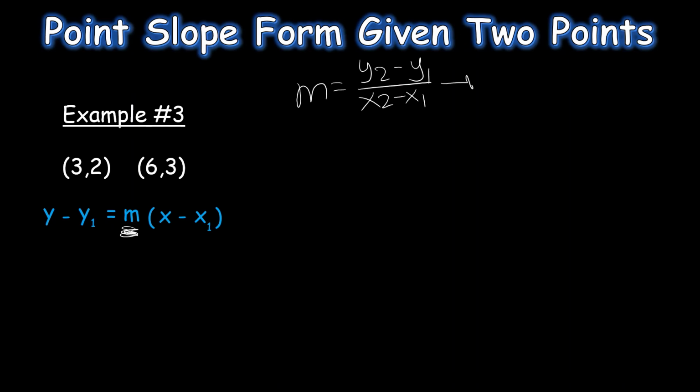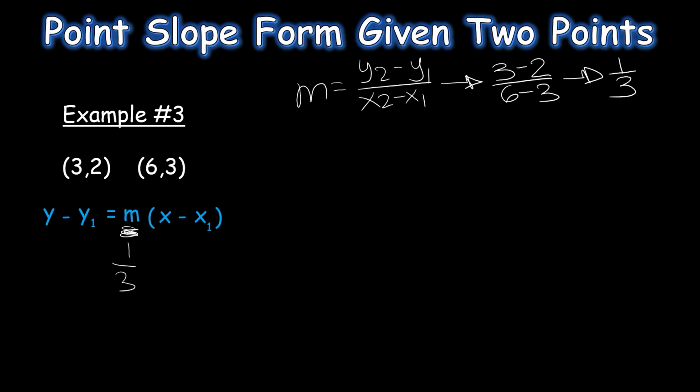And we know that it'll be 3 minus 2 over 6 minus 3. And that simplifies to 1 over 3. So for this example, our slope will be m equals 1 over 3.